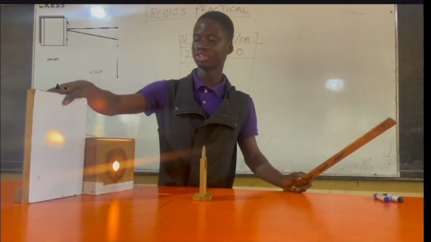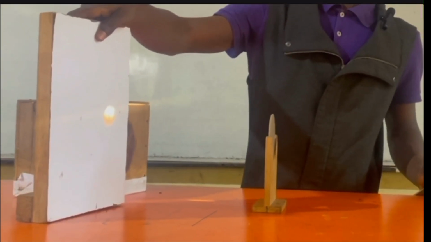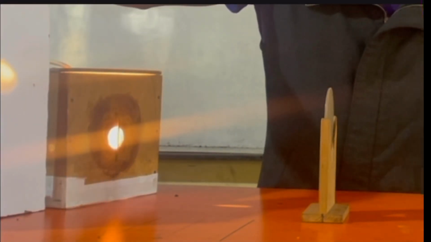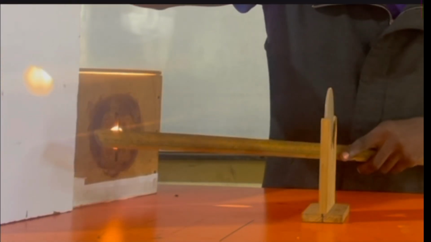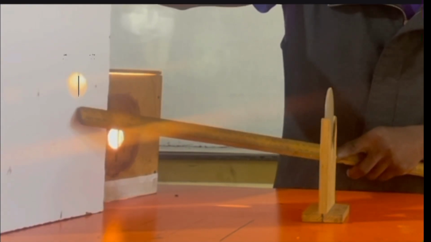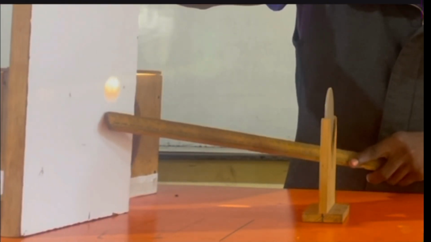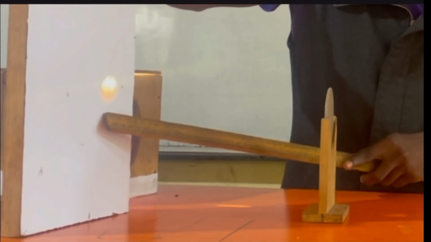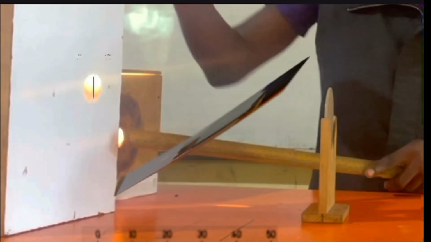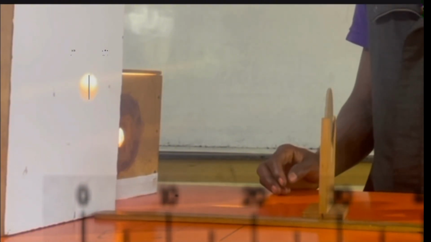Then I adjust the screen until a clear image is formed again. This is a blur image. A clear image is forming, yes, and this is a clear image. If you bring it closer, another blur image will be formed again. So it means our clear image is at this point. Then from here, we record our image distance.